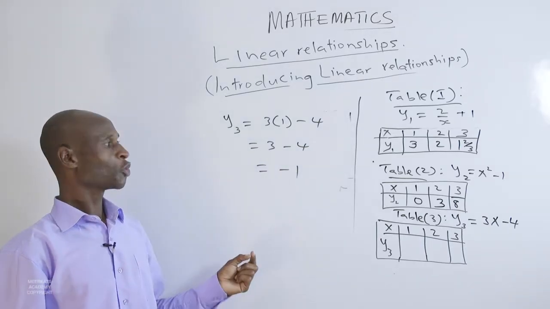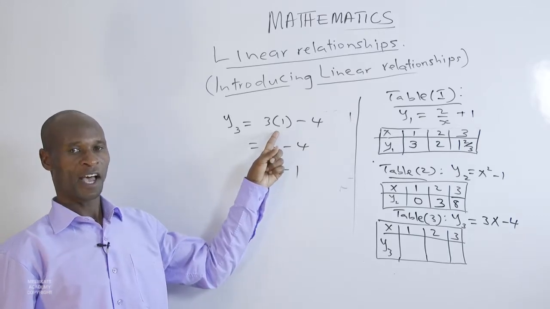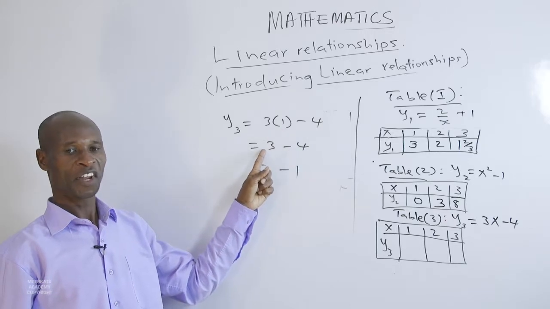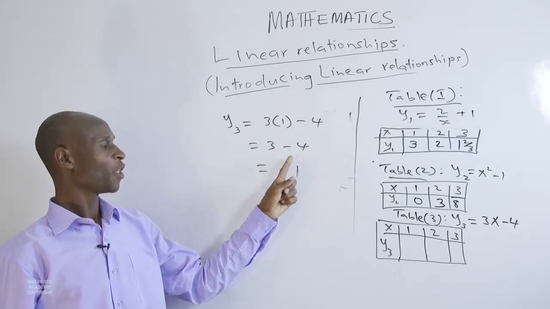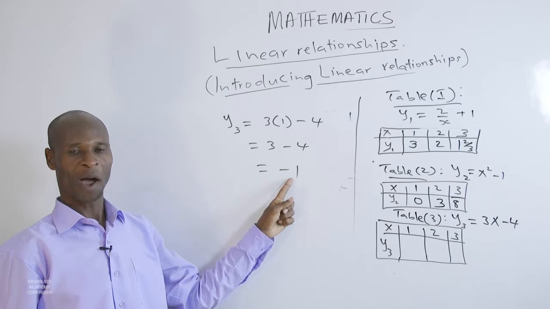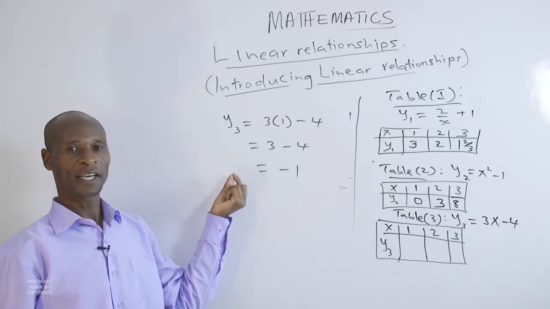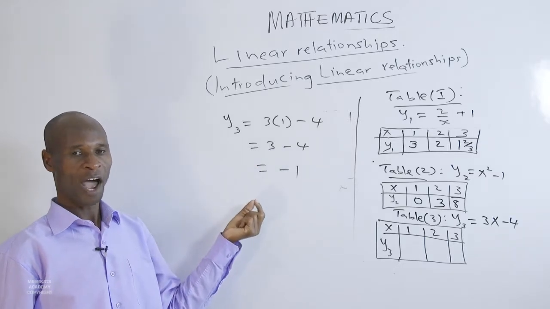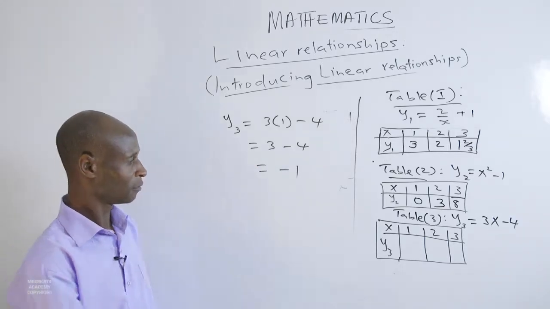When we substitute the value of x as 1, 3 multiplied by 1, the result is 3. Minus 4, the final result is minus 1. It therefore means that when the value of x is 1, the corresponding y value is negative 1.